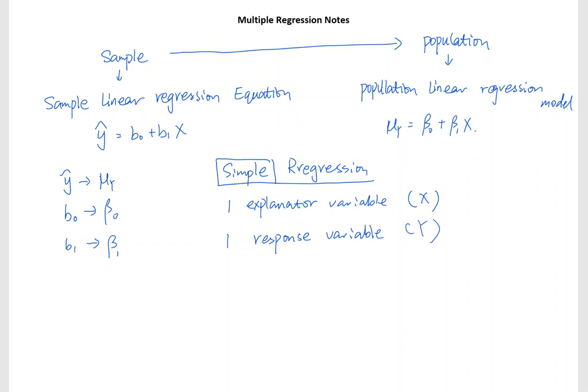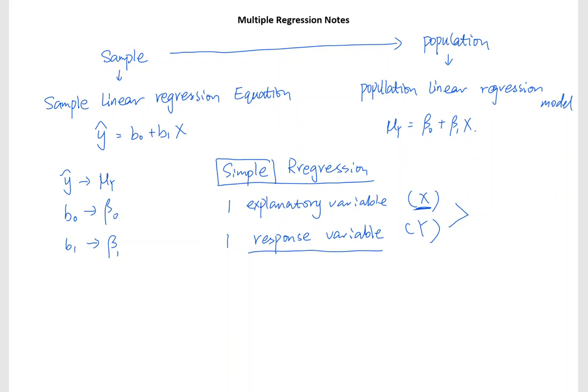So we try to find the relationship between x and y, so that the x will affect the y. The goal of our regression is always to make the prediction about the response variable. So simple regression makes the prediction of y based on just one explanatory variable.